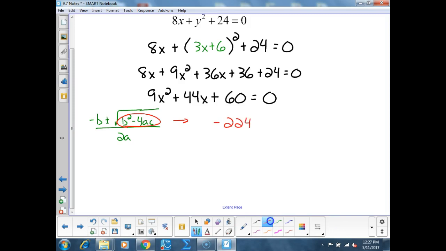Right? So what kind of roots would that give us? Imaginary ones, right? So is there any intersection point on this one? No. So what's my answer?